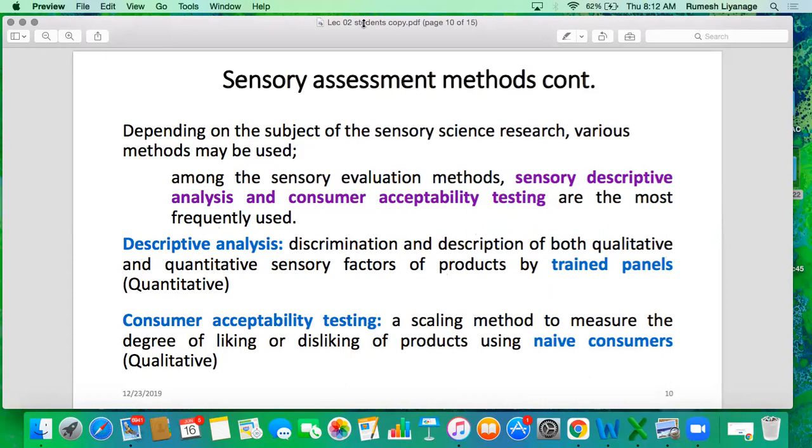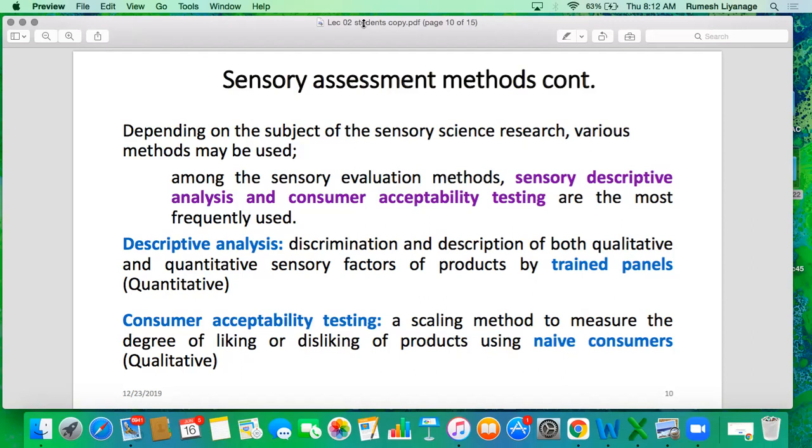Trained panel means, as we have discussed, we are going to use human panels, right? There are different types of human panels. We can train humans, and I am also training you for sensory analysis. Then you are trained panels.